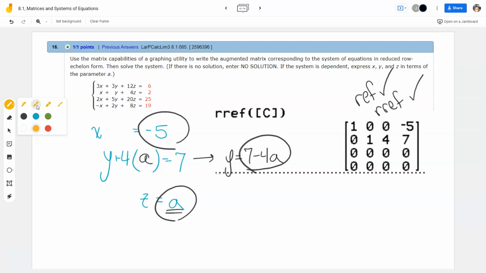It gets it down to as simple as it could be. And as simple as it could be is the first column has a 1 at the very top, and what's below? 0. The second column has a 1 that's staggered, right, in the second row, second column. And what else does it have above and below? 0.